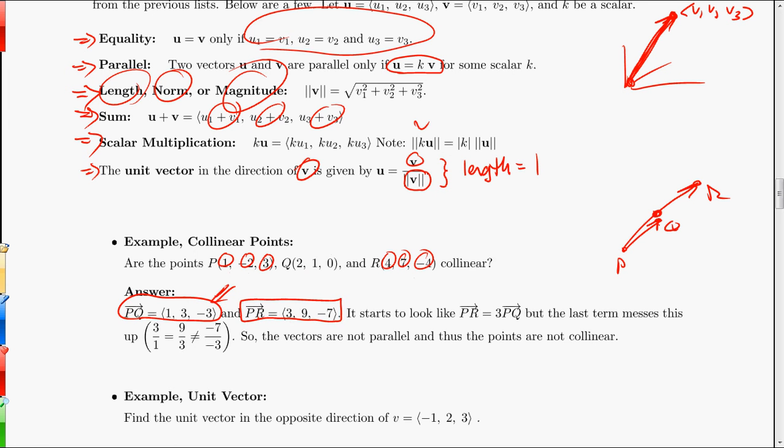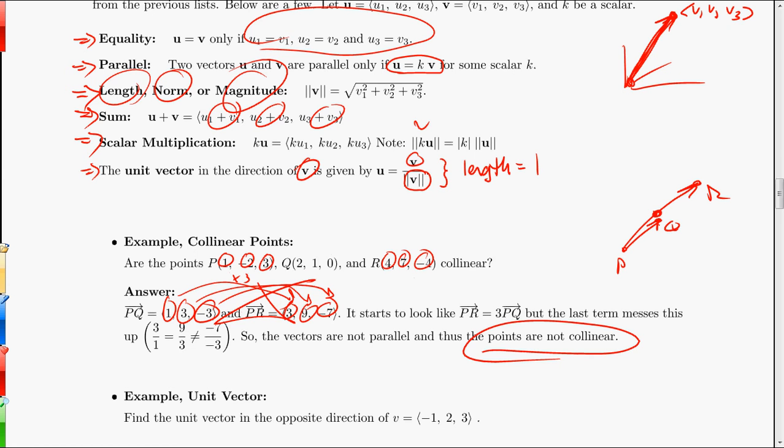And if you look at that, it looks like I take 1, multiply it by 3 to get 3. I take 3, I multiply it by 3 to get 9. Things are looking good. It looks like PR might be 3 times PQ. But if I take negative 3 and multiply it by 3, I do not get negative 7. So they are not parallel, right? So the points are not collinear.